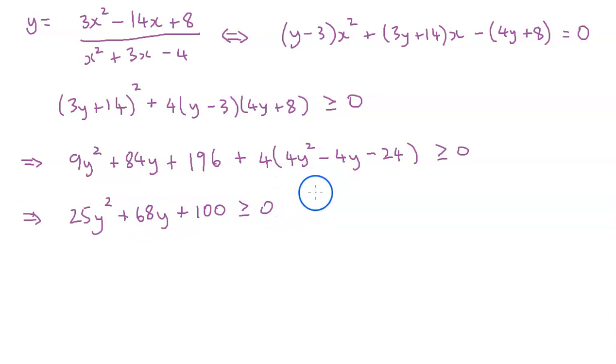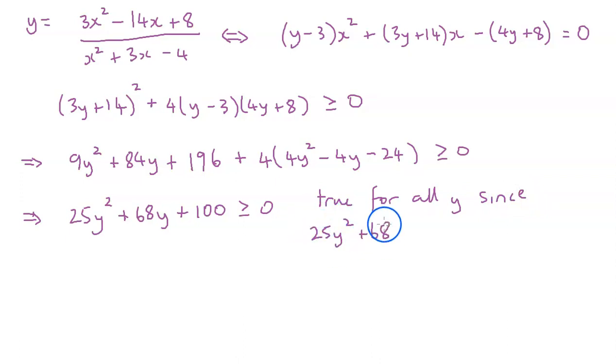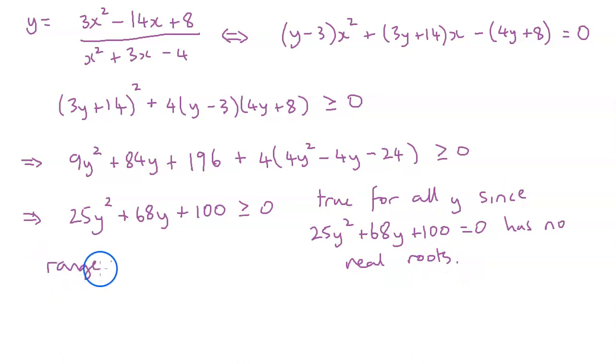And we can see that this is true for all values of y, since 25y squared plus 68y plus 100 equals 0 has no real roots. So therefore the range is all real numbers.